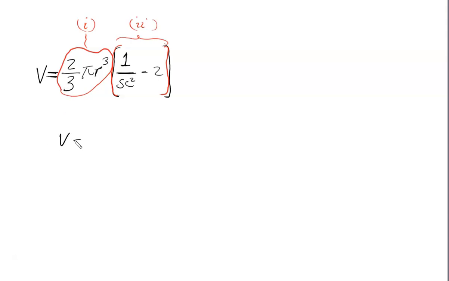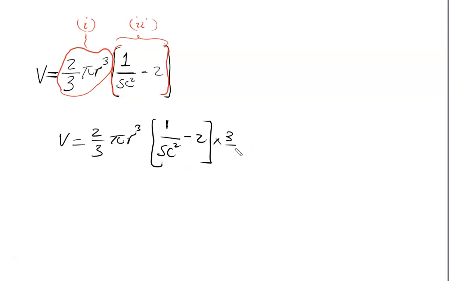So V is equal to 2 over 3 pi r cubed, which multiplies the bracket 1 over sc squared minus 2. We can remove this fraction by multiplying both sides by the reciprocal, which is times 3 over 2. This cancels that, and this cancels that.